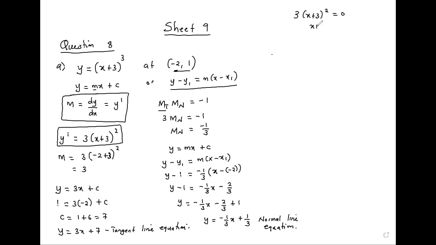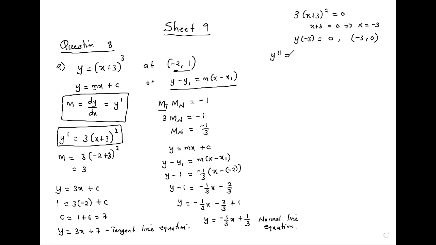This is the same as x plus 3 is equal to 0. So we obtain x is equal to -3. Pick -3, take it in the original function, we'll get 0. So we have the point (-3, 0) as a turning point. Now we need to know whether it is minimum or maximum. So we go back to the first derivative and differentiate it again to obtain the second derivative.